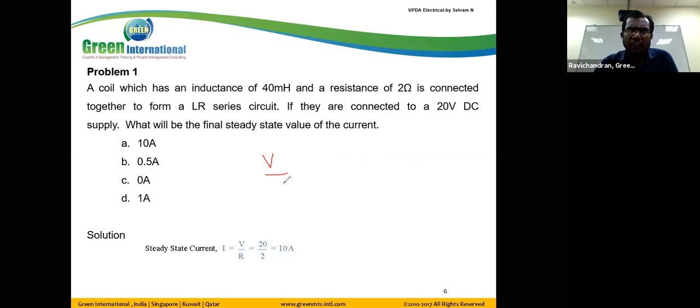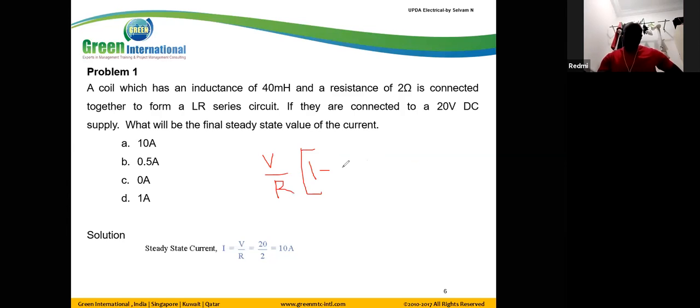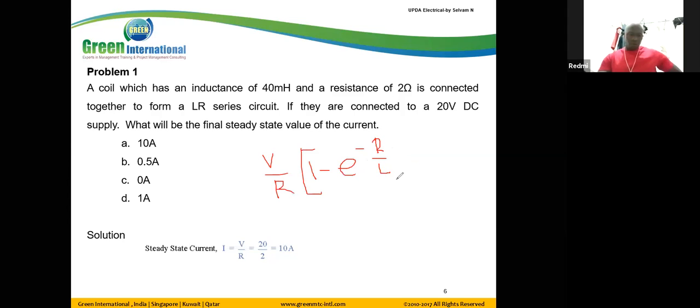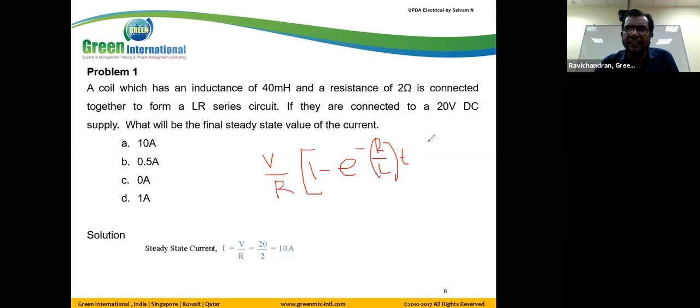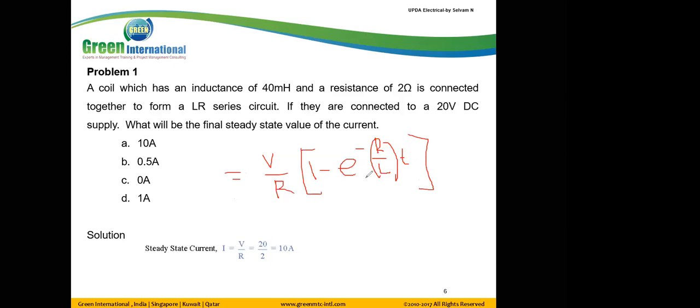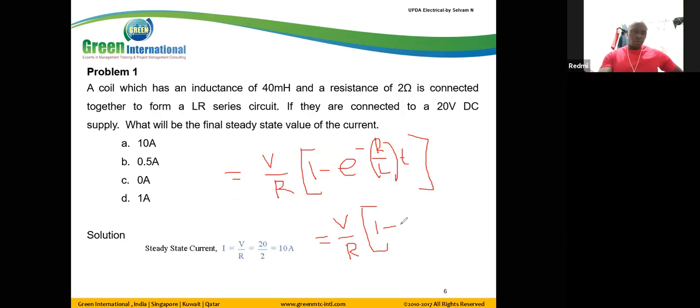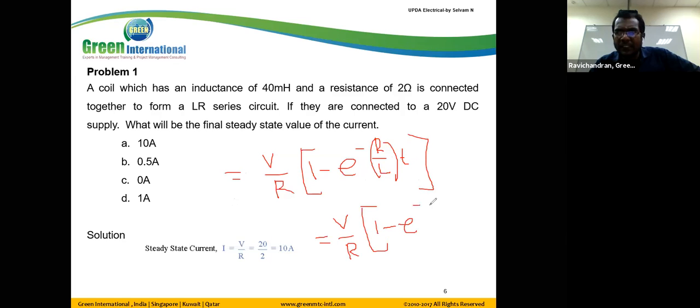The formula is V by R times 1 minus e to the power of minus R by L into t. Okay, this is the general equation. I rewrite this equation like this: E by R times 1 minus e to the power of minus t divided by tau.